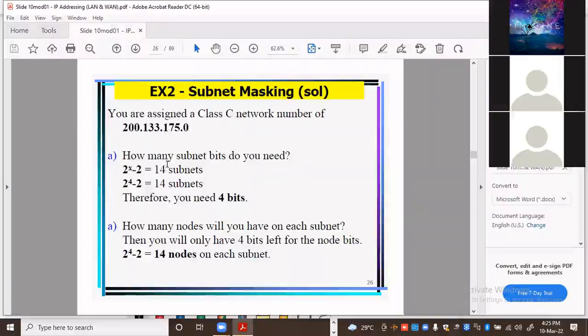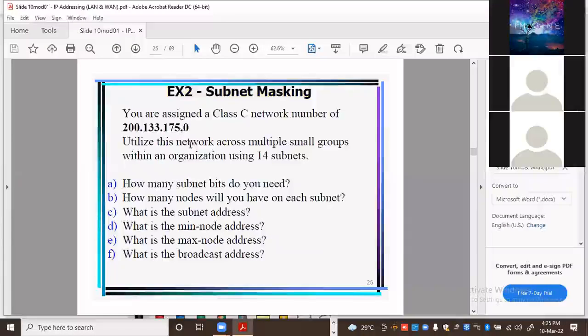So the question says, I think it went back to this. This was supposed to be the question itself. You assign a Class C network address of this, and utilize this network across multiple small groups within an organization using 14 subnets.